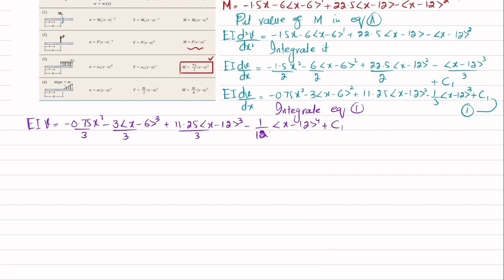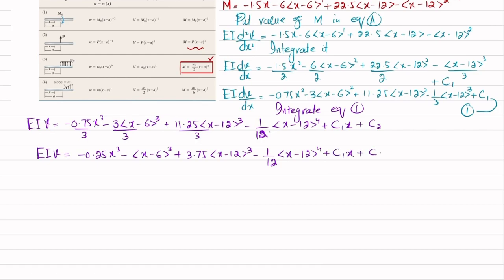Plus C1x, and there will be another constant of integration, C2. If you further simplify it, you will get EI into V equal to minus 0.25 x cube minus x minus 6 power 3 plus 3.75 into x minus 12 power 3 minus 1 over 12 into x minus 12 power 4 plus C1x plus C2. This is your equation number 2.